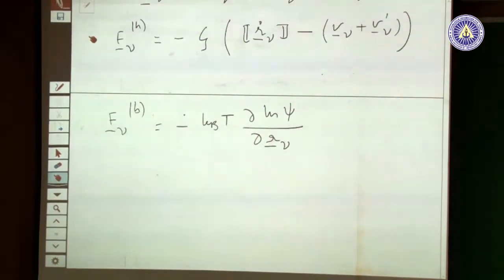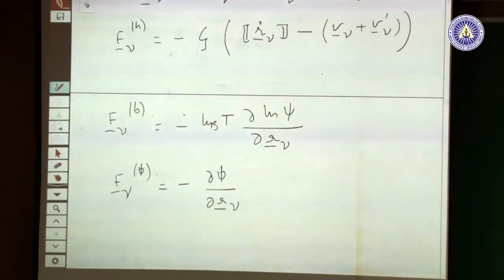Okay? And that is the physical meaning of this. And then we have F nu phi, which we have seen, and this is minus del phi by del r nu. And finally, this is just the external force that could be for any reason such as a centrifugal force or a charge and so on.